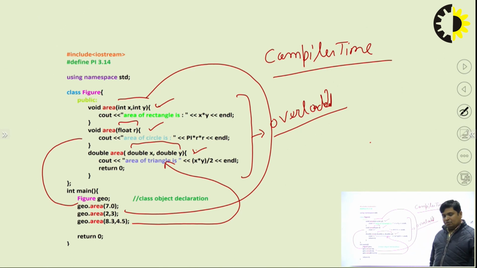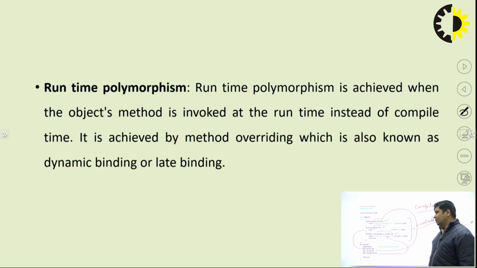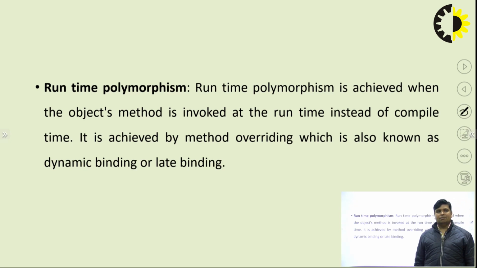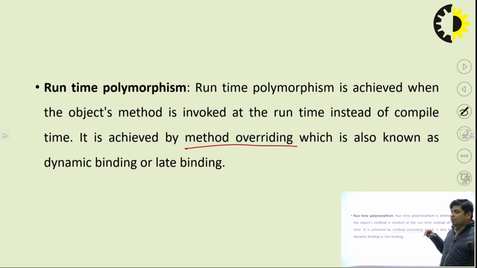It may be possible. So this is the first concept, which shows method overloading, or compilation time polymorphism, or we can say early binding, or static binding. Now if we are talking about runtime polymorphism, basically runtime polymorphism is achieved when the object method is invoked at runtime instead of compile time, and it is achieved with the help of method overriding.